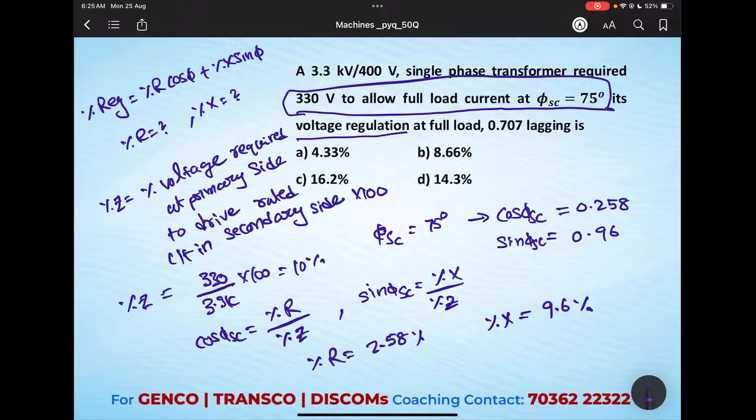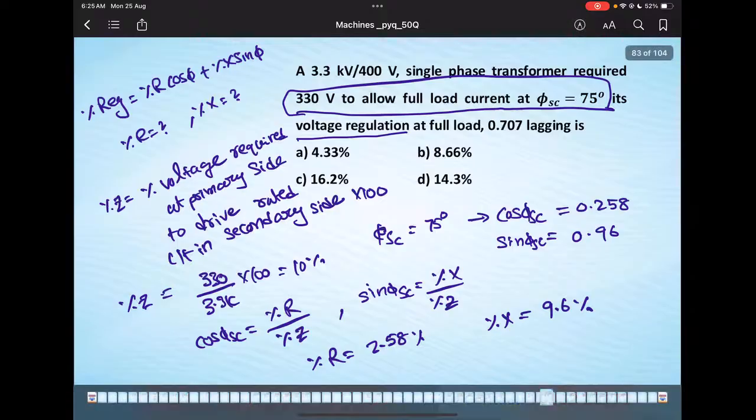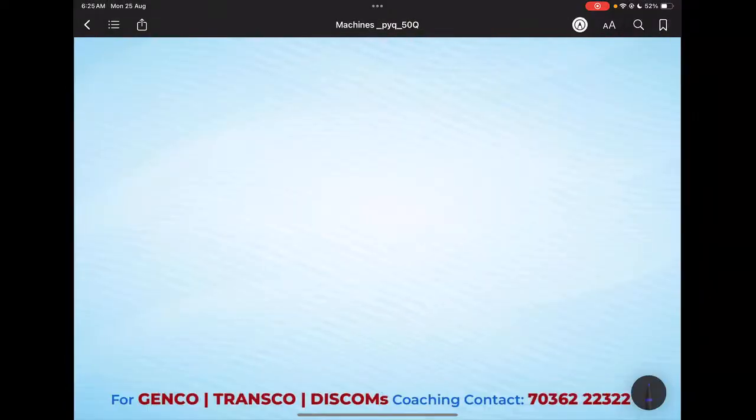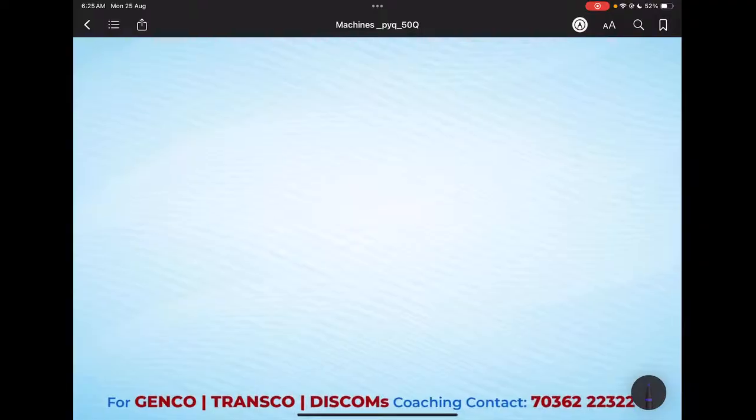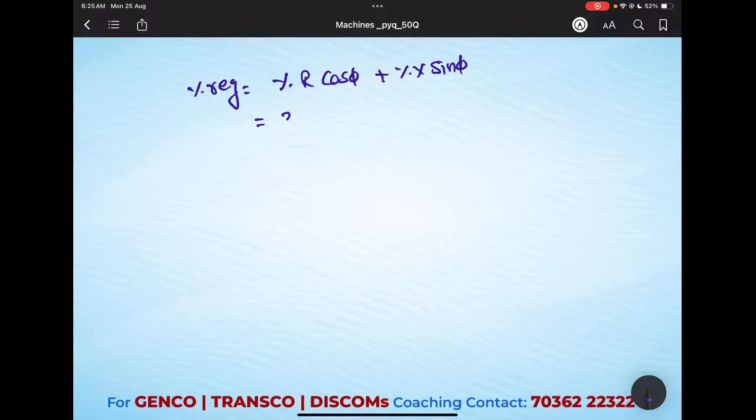So what are they asking? Voltage regulation. We already know the formula. Let's substitute the data into the given formula. Percentage regulation is equal to percentage R cos phi plus percentage X sin phi. Percentage R is around 2.58. For cos phi, they have given 0.707.